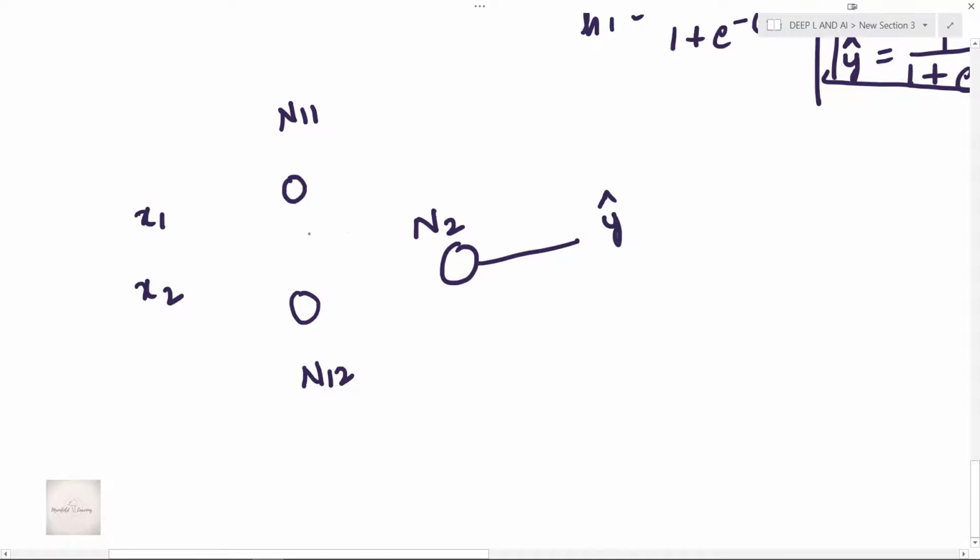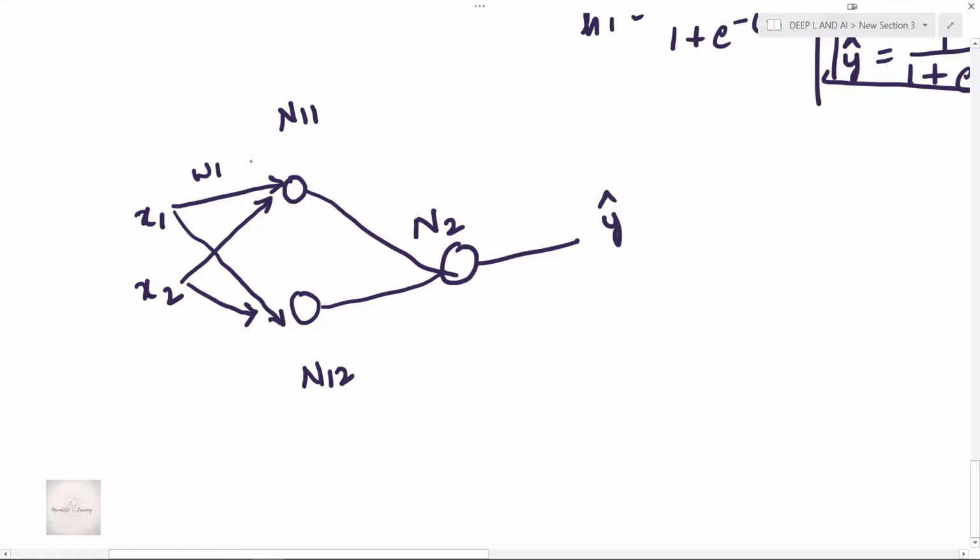If I say this is a dense neural network, n11 is connected to n2, n12 is connected to n2, and x1 is connected to n11 and n12, and x2 is also connected to n11 and n12. The weights connected to n11 I can call w11 and w21, and for n12 I can call them w12 and w22. As we know already, each neuron has its own bias.